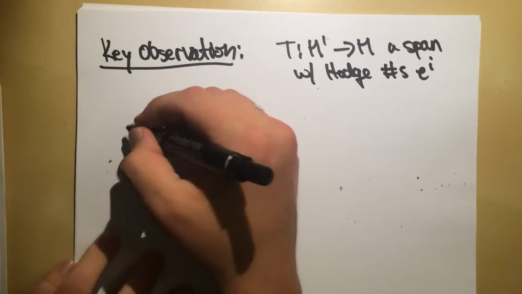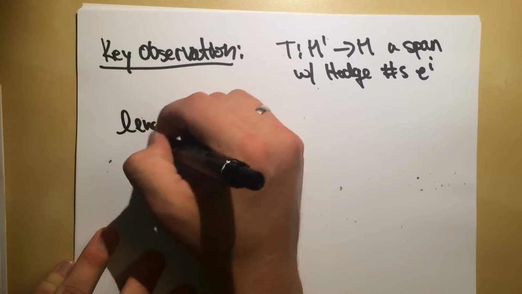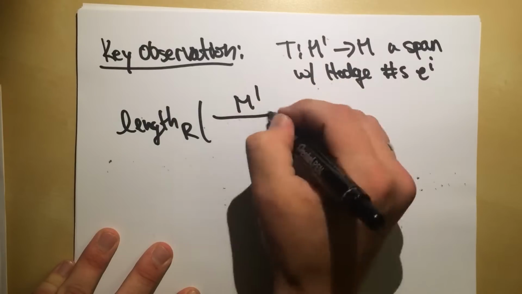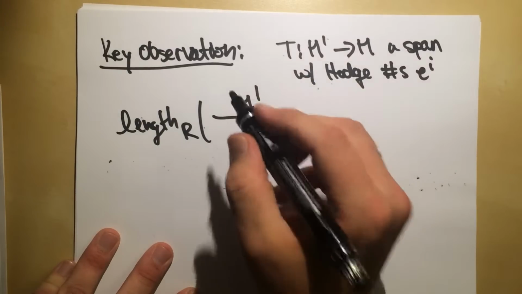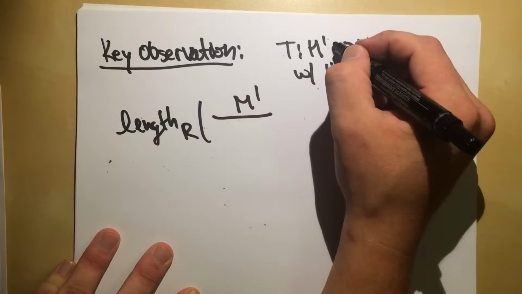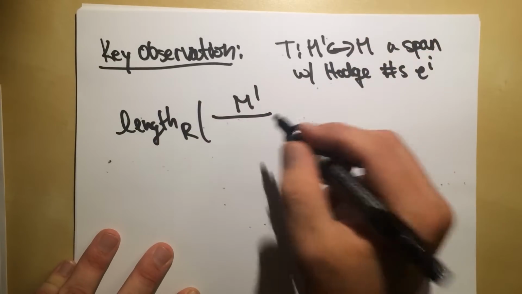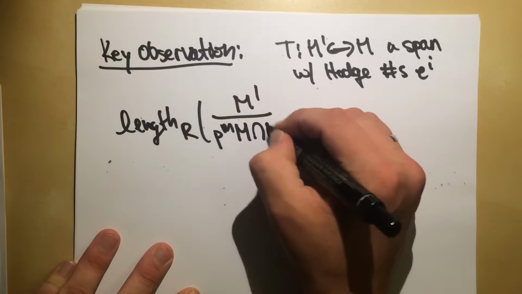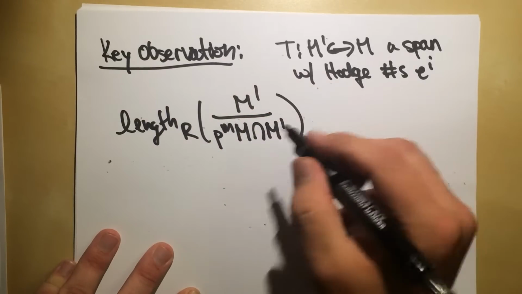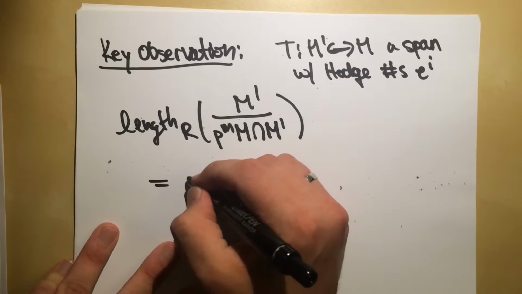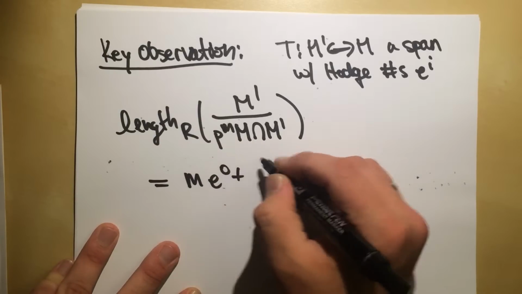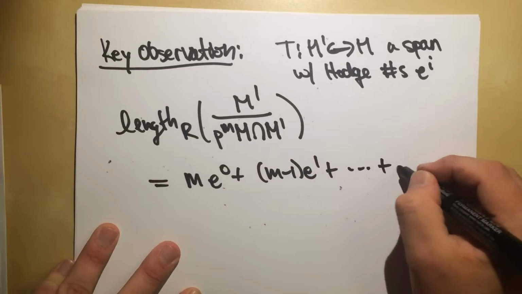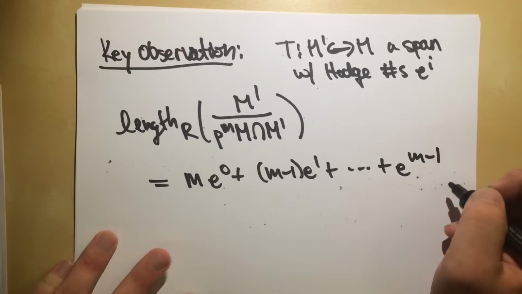Then it turns out that the length of an R-module of M prime modulo p^m, where we take this to be injective and view it as a submodule of R to the p^m intersected with M prime, is equal to m e0 plus (m minus 1) e1 plus, and so on, up to e_(m minus 1).